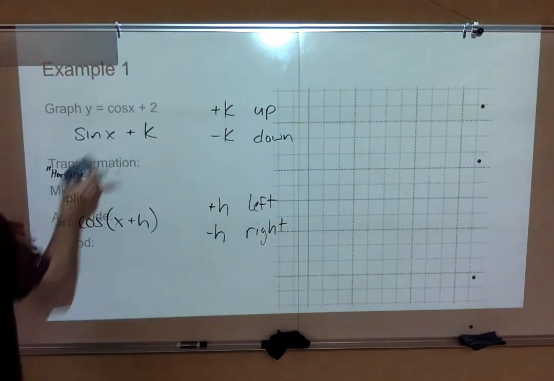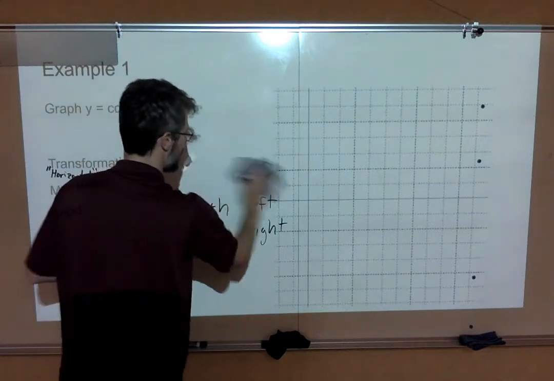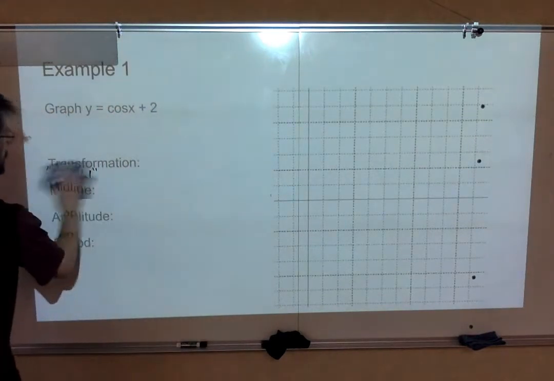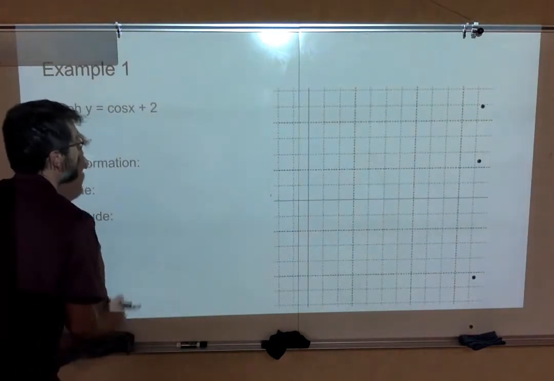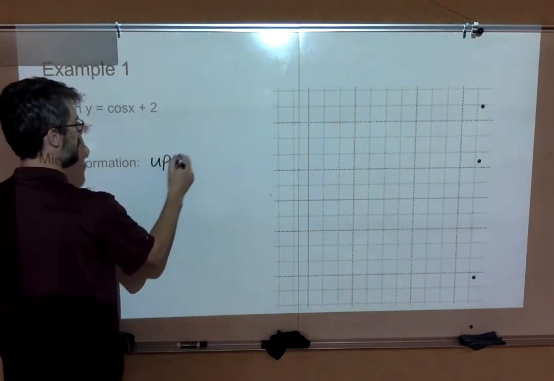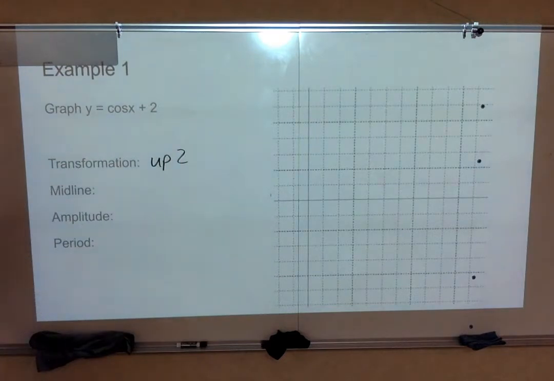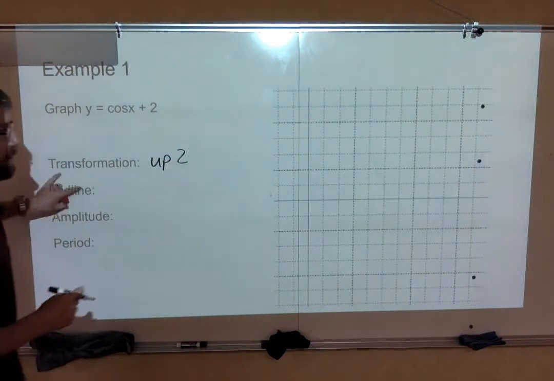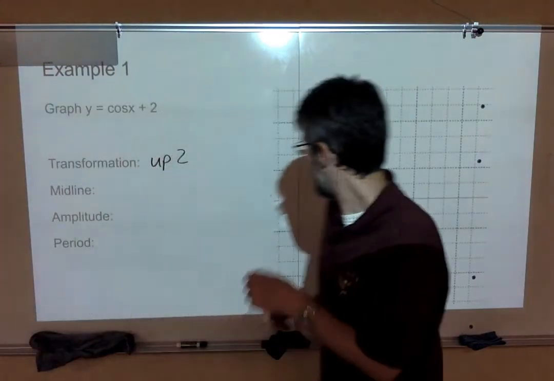Okay, so something like this, cosine of x plus 2. So looking at this, the plus 2, there's no parentheses, so I know that this is a vertical shift of up 2. We'll fill in all of this stuff in a little bit.